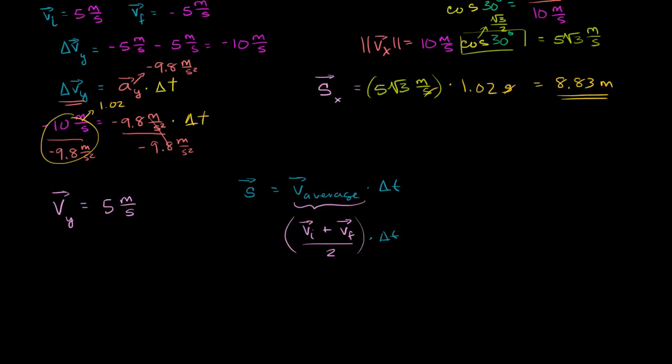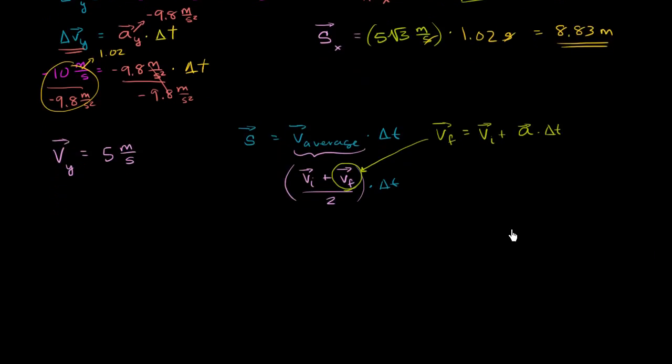Now what is our final velocity going to be? Your final velocity is the same thing as your initial velocity plus your acceleration times how much time has passed by. This right here is your final velocity. So let's substitute that back into this right over here.